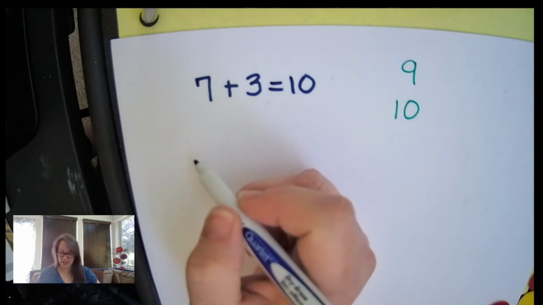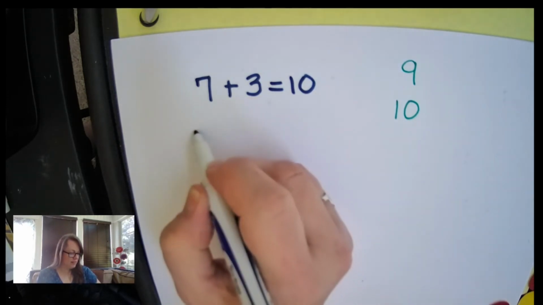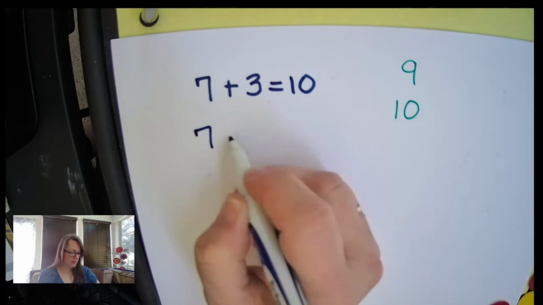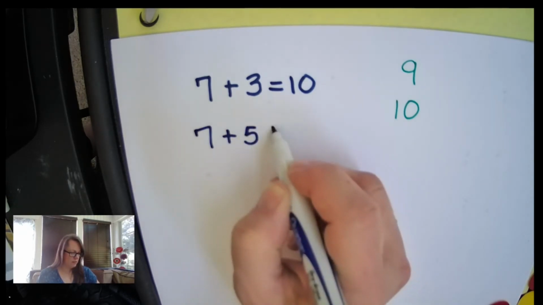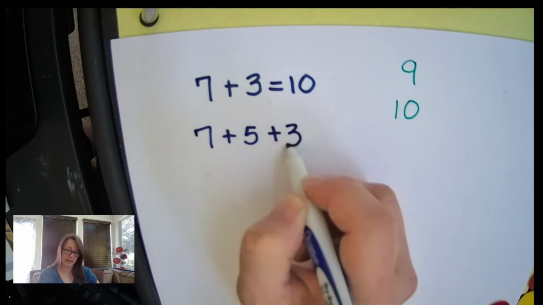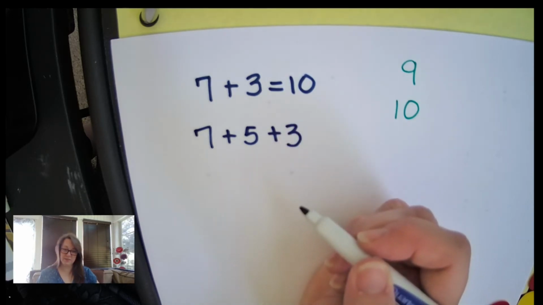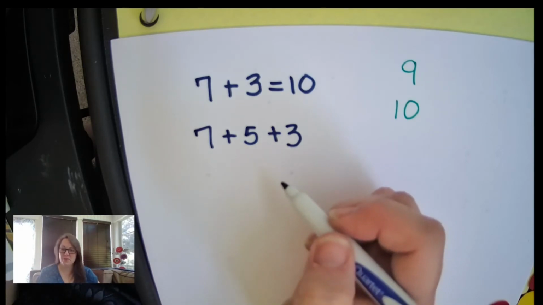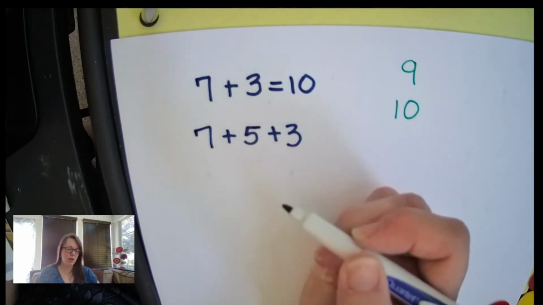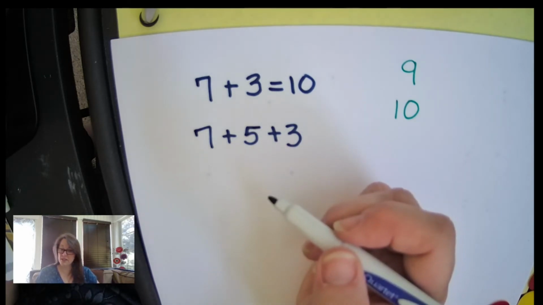The next expression is 7 plus 5 plus 3. This time I have 3 add-ins. Think about this problem. Who would like to share what they think the answer is?